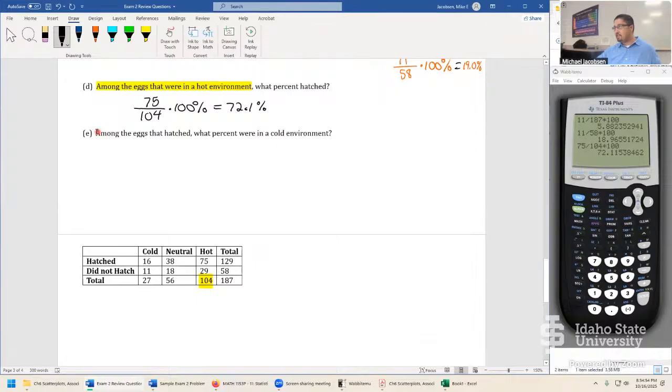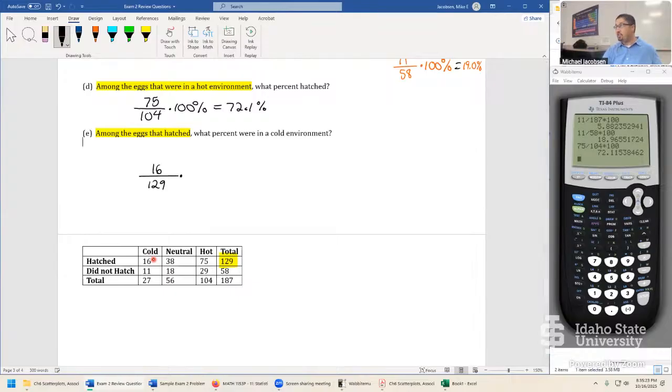So next one is, among the eggs that hatched, going along the same lines that we did before, the eggs that hatched was 129, and that's our denominator. What percent were in a cold environment? Well, there's 27 in the cold environment, but among the eggs that hatched, there's only 16. We have to use that strict 16 right there.